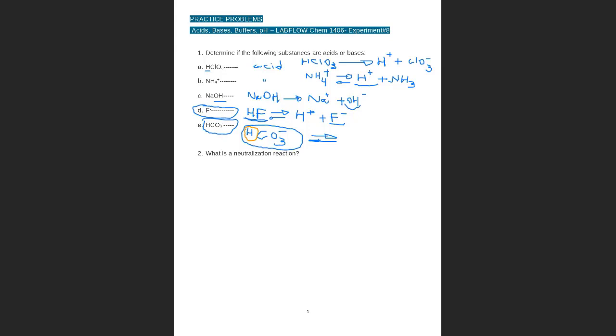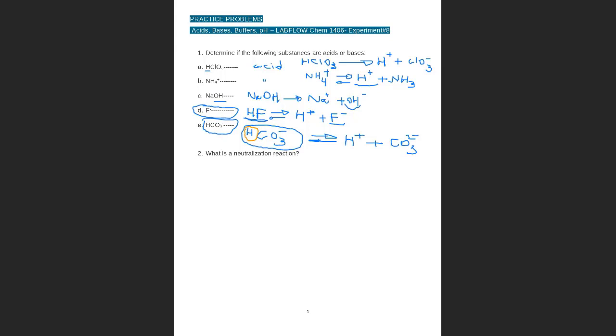But we have to ask both questions. If the bicarbonate can donate an H plus, it's an acid. But then we have to ask, can this ion accept a proton?